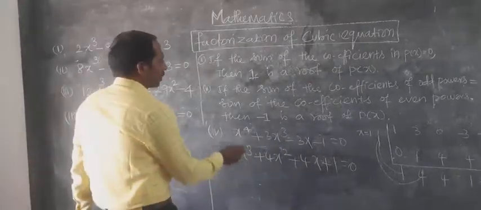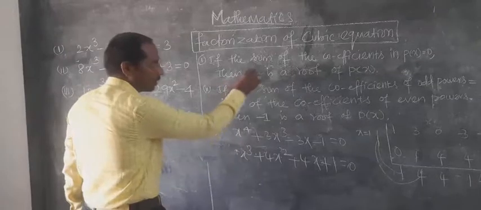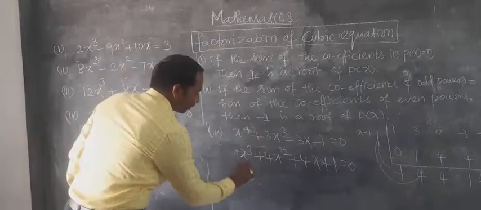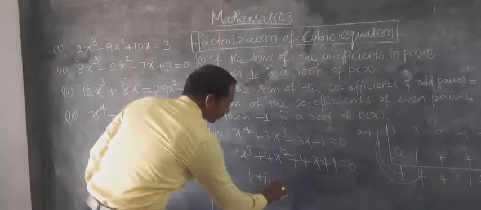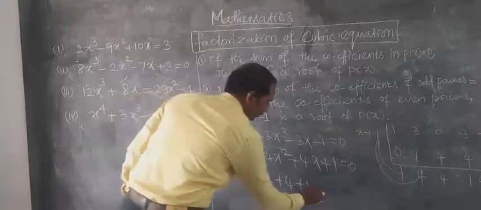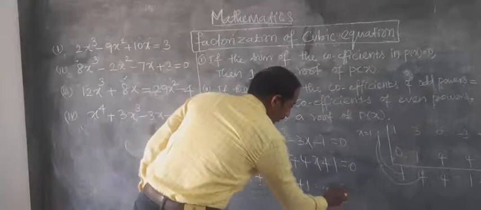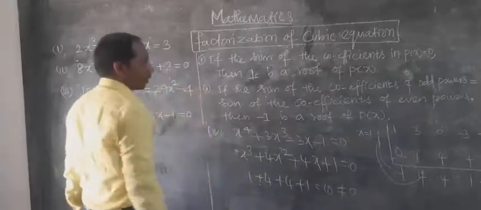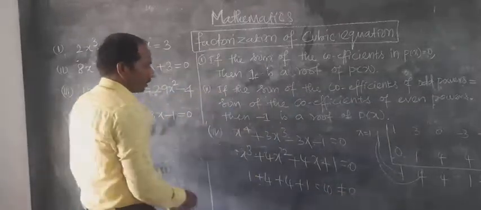So here one more time I check whether 1 is a root or not. So here 1 plus 4 plus 4 plus 1, so it will get 10, not equal to 0. So 1 is not a root. Minus 1, I check it.